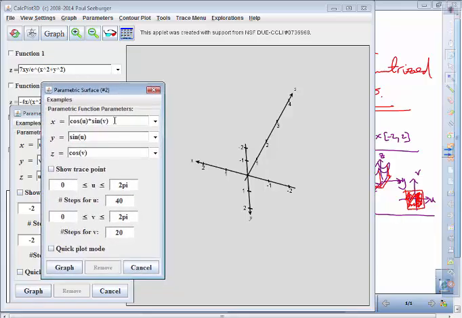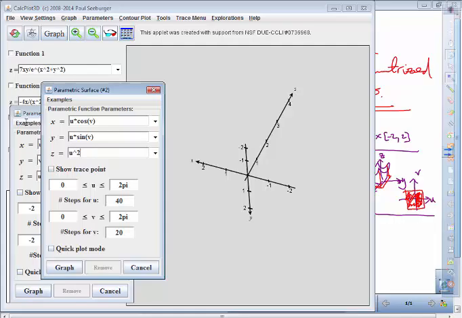I'm going to graph the same thing, but I might want to keep the other one just for comparison's sake. So the first one is supposed to be u times cosine of v, the second one is u times sine of v, and the last one is u squared.